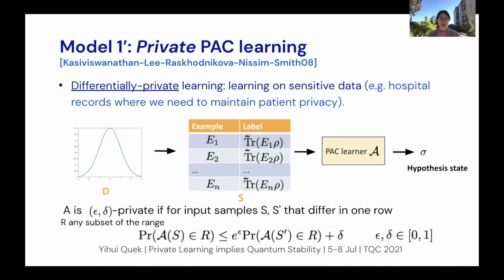The epsilon and delta are called the multiplicative and the additive parameters of differential privacy respectively. And we're supposed to think of these 2 parameters as being very small. And so the smaller they are, the stricter the requirement of similarity between the outputs of the algorithm on these 2 inputs, and so the stricter the requirement of differential privacy.